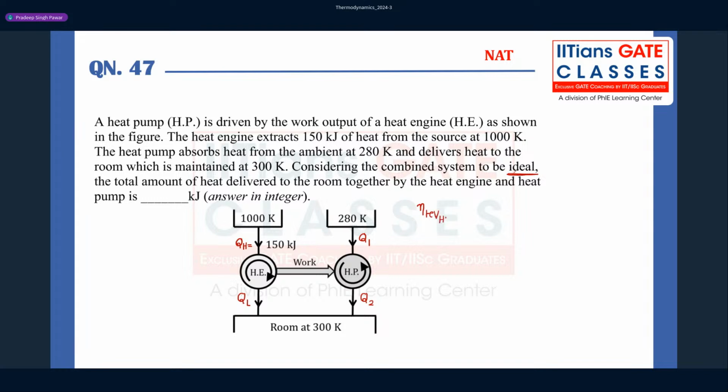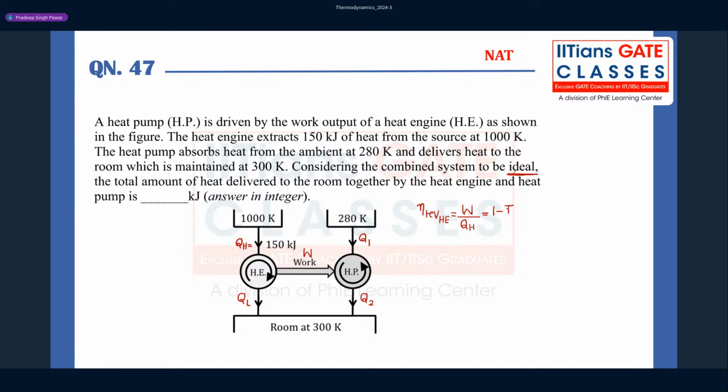The general relation, which is applicable to both reversible and irreversible, is: efficiency is the net work produced by the heat engine, let us say W, upon the heat supplied QH. But when you use the efficiency relation in terms of the temperature, it is applicable only for the reversible cycle.